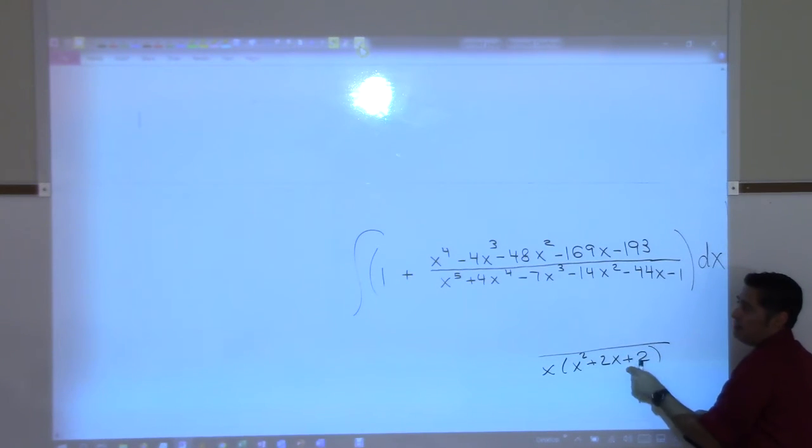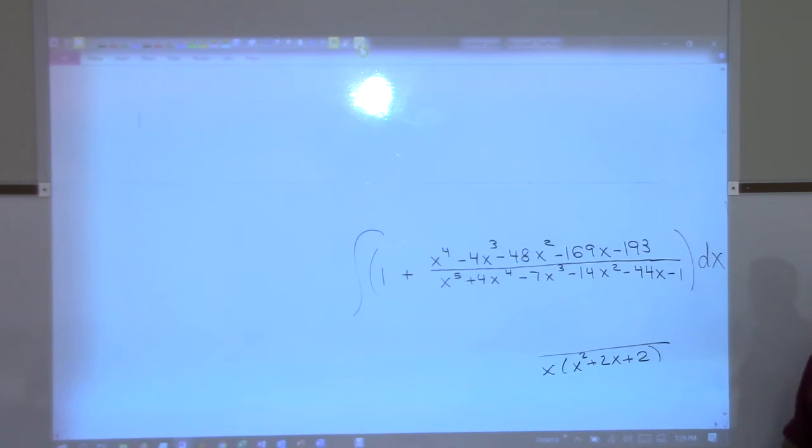But we don't have a method for a fifth degree polynomial. So we need to factor that if we have any hope. That's why I wanted to show you this problem, to see how you would even go about trying to factor that.